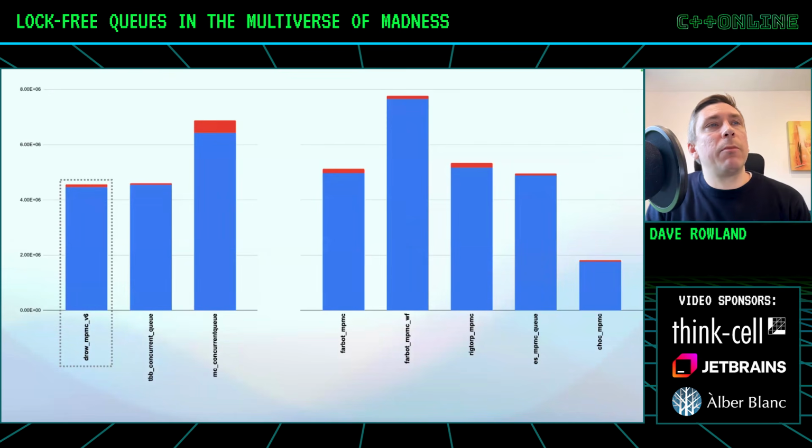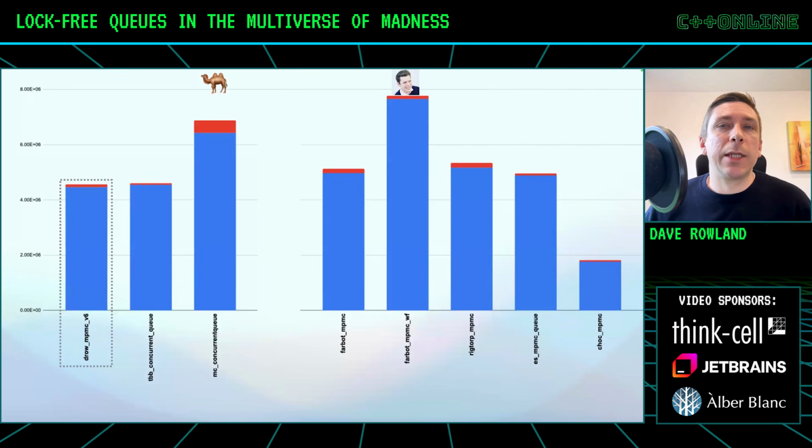Now we're going to take the best performing multiple producer, multiple consumer queue that I did and compare it to a couple of others. First of all, we're going to look at the Moody Camel concurrent queue, and afterwards the Farbot queue in its _WF configuration. If we first look at Moody Camel, within the documentation, it explicitly says that there's no strict ordering to the operations that happen within this queue.